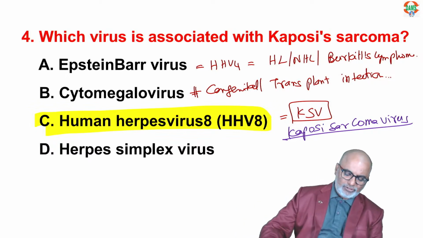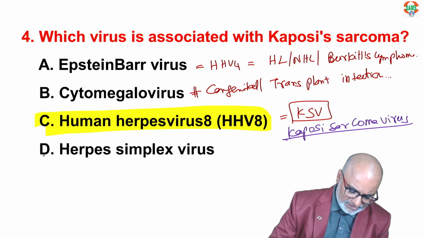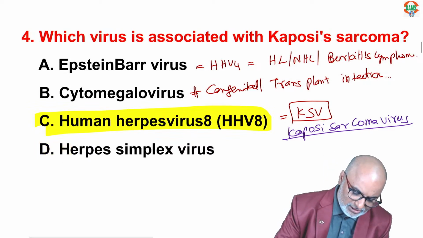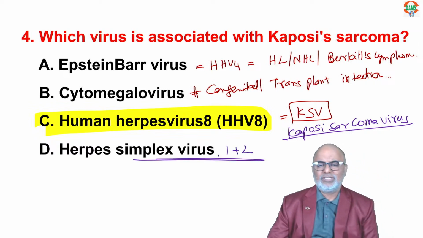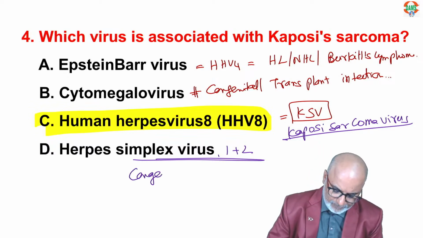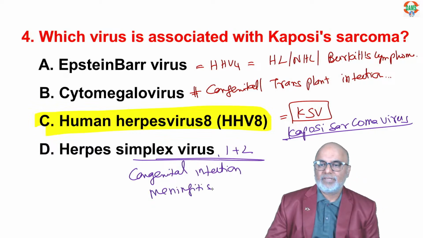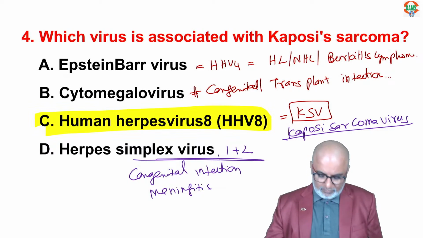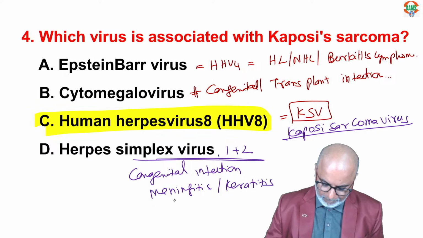Herpes simplex virus, HSV 1 and 2, causes congenital infection, meningitis, keratitis, many things.